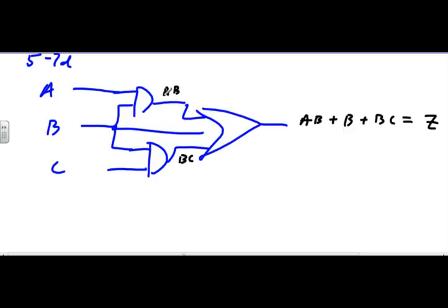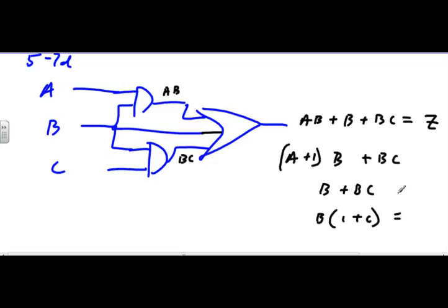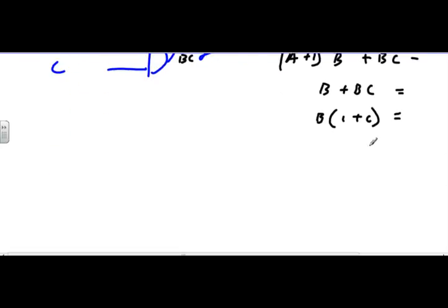A, B, or B, or B, C. So I look at the first two terms and say A or 1, B, or B, C. A or 1 is 1, so this is B or BC. I go B, 1 or C. Well, 1 or C is 1, so that's just B.